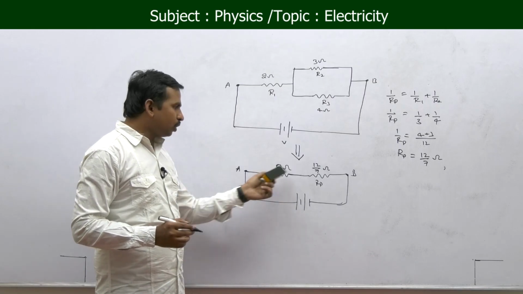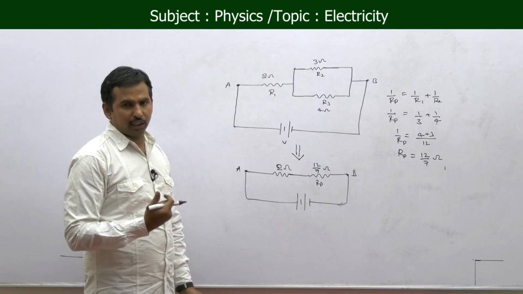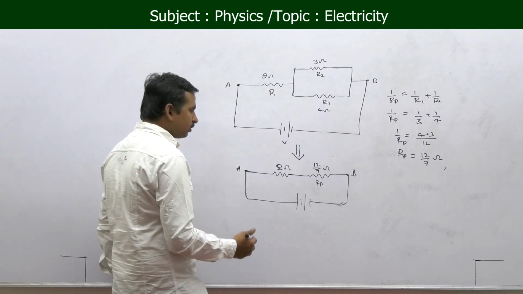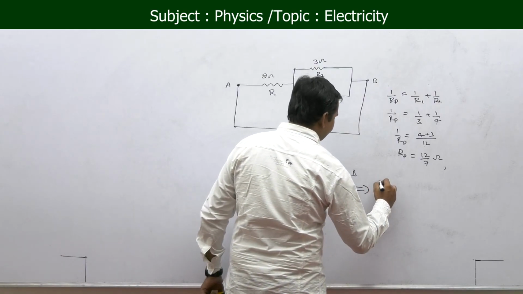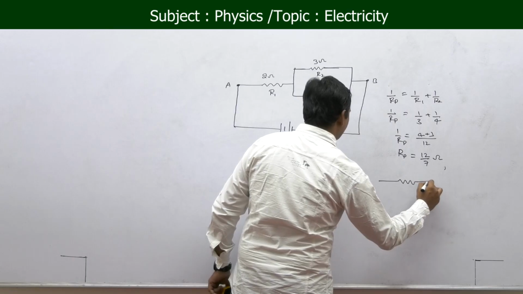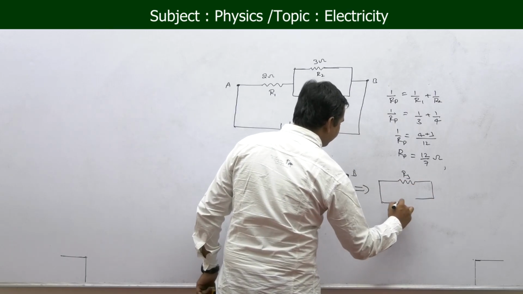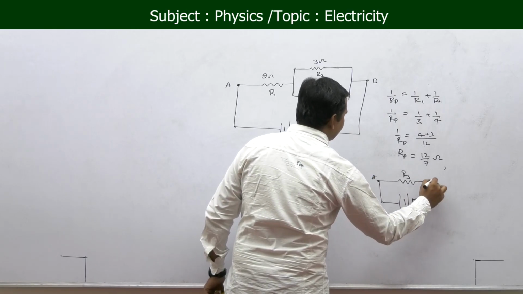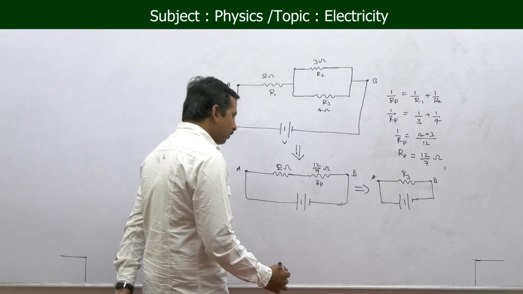Now as these are connected in series, we have to add both, because Rs is equal to R1 plus R2 plus R3. We can change this circuit again between A and B: Rs in series, and the battery. Simply add both resistances for the final resistance.